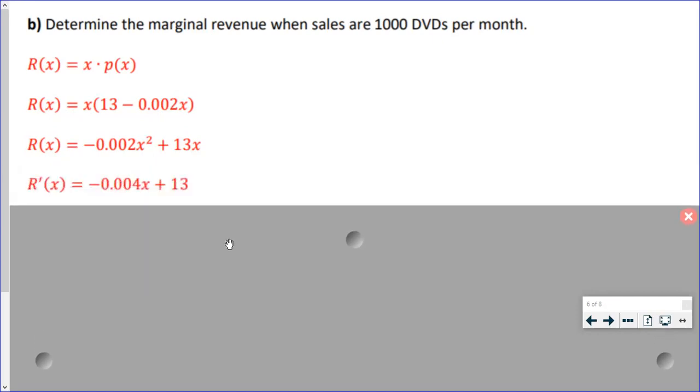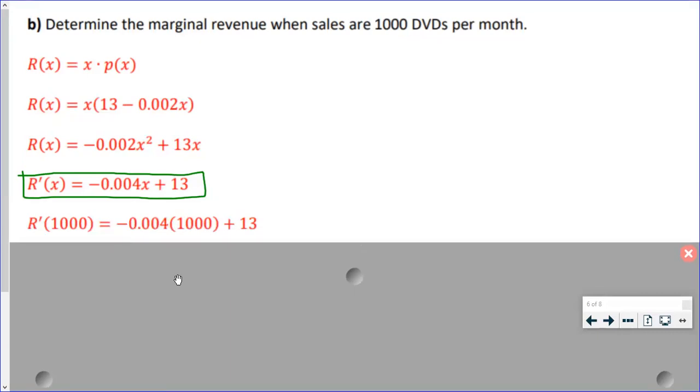If I take the derivative now of my quadratic function, I am back to a linear function that represents the slope of the tangent line. The marginal revenue function refers to the instantaneous rate of change of total revenue with respect to the number of items sold. So that's how we define the derivative of our revenue function.